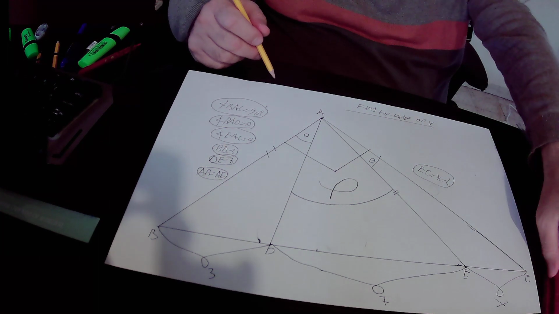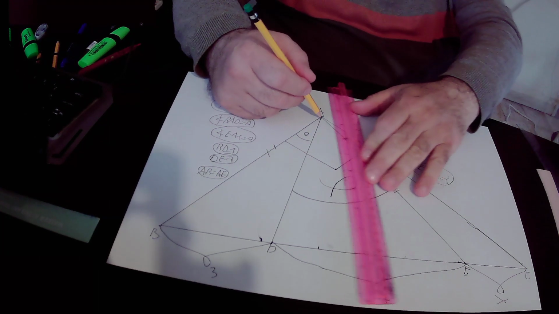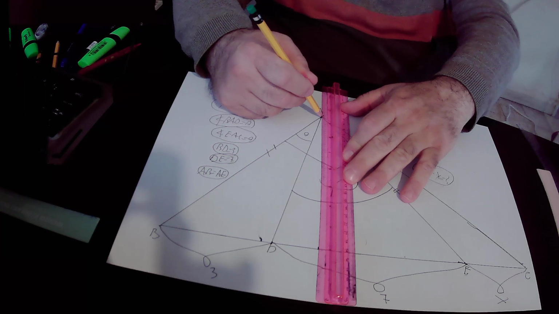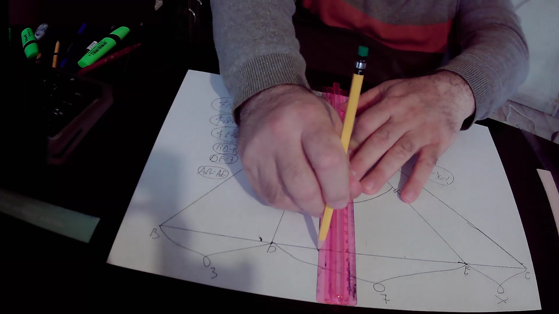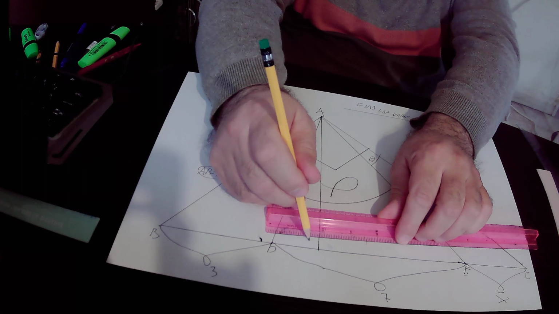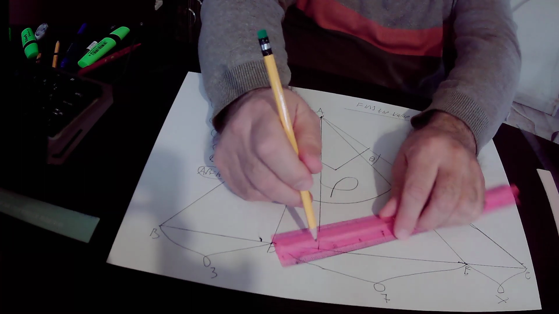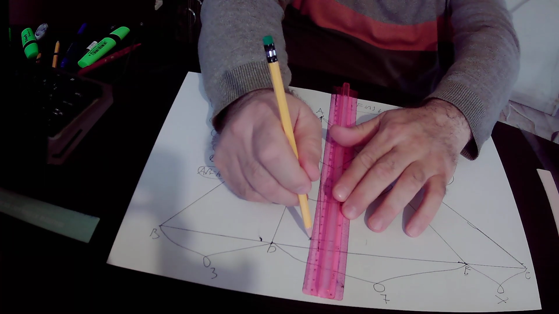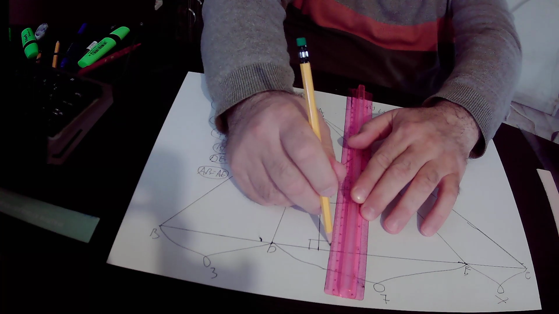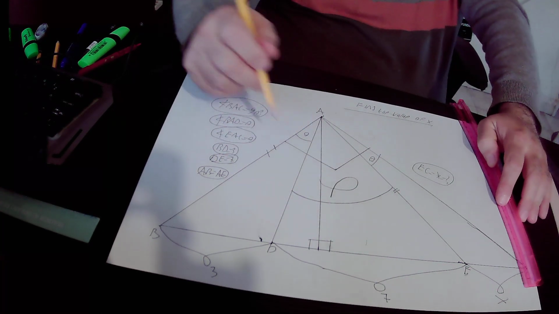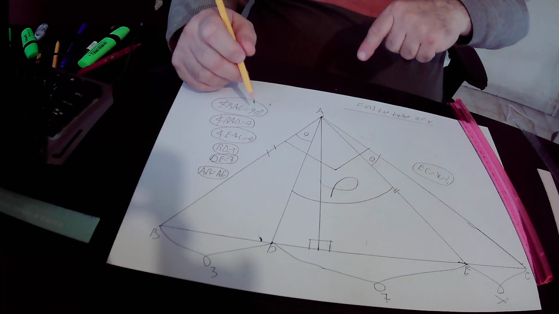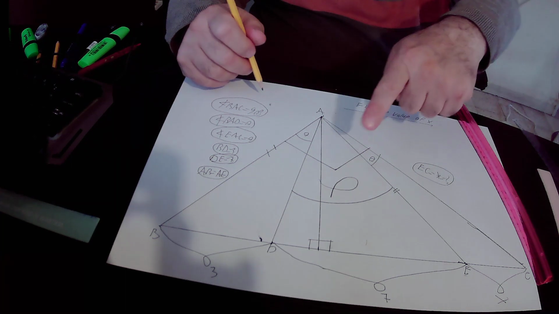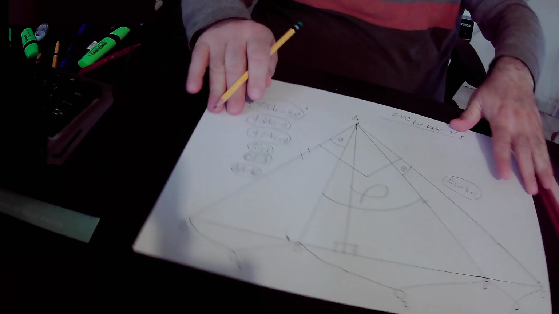Here this angle will be equal to 90 degrees, and this angle will also be equal to 90 degrees, and we will define the touching point of the perpendicular from point A to BC as M.